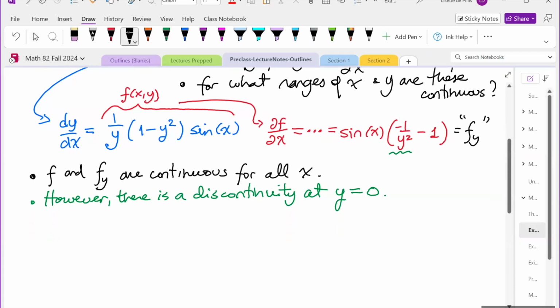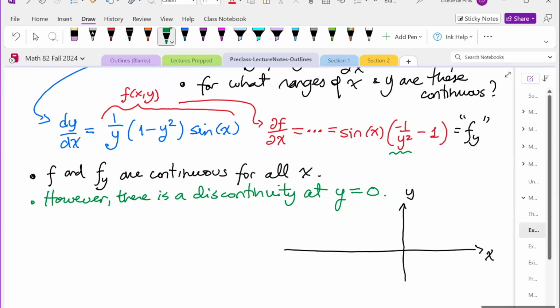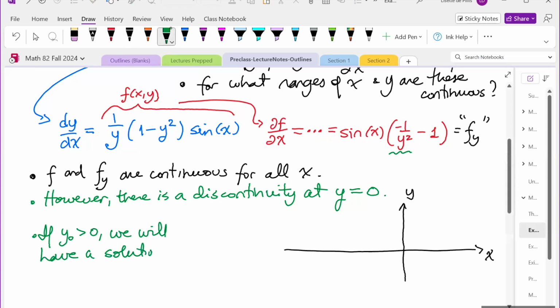If I were to sketch what this might look like in x and y, and you might want to try this on Desmos to see what you come up with, if my initial condition y naught is positive, we will have a solution that's completely above the y equals 0 axis.